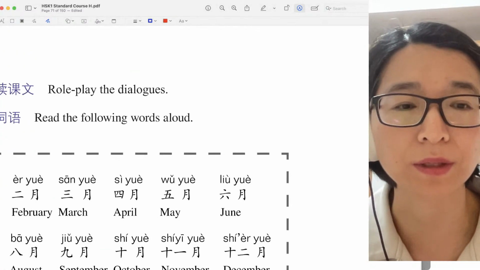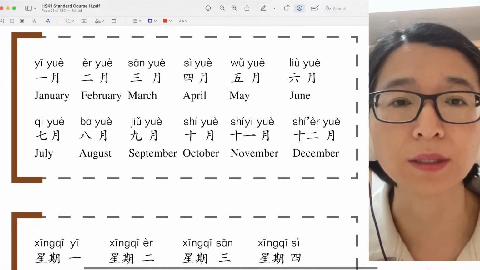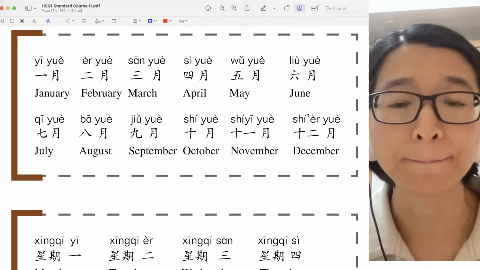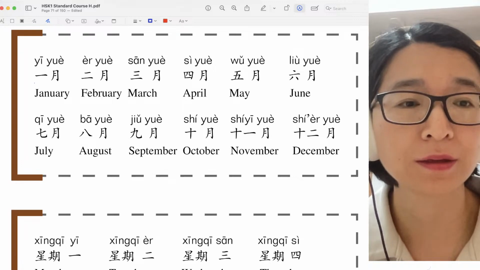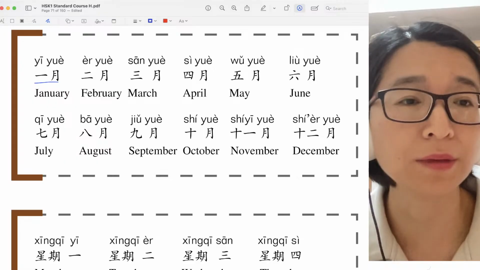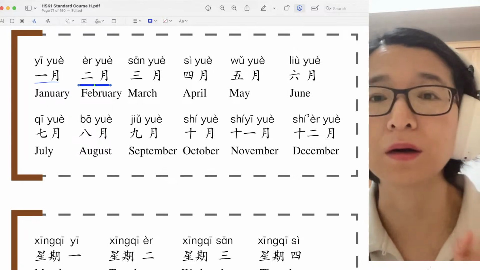Okay, let me show you here. We can see how to say different months. How to say January? Here you can say 一月, right? 一月. And how to say February? 二月.